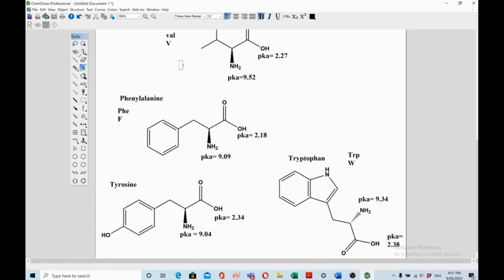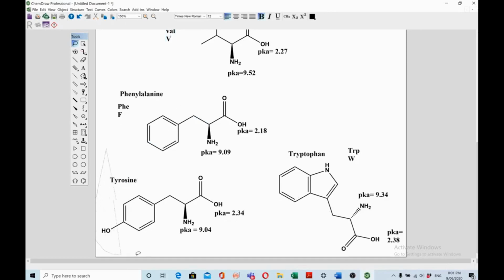Now these are the hydrophobic ones, so we classify the rest into negatively charged amino acids, positively charged amino acids, and polar uncharged amino acids. All amino acids except glycine are chiral, and all amino acids have a three-letter code and a one-letter code.